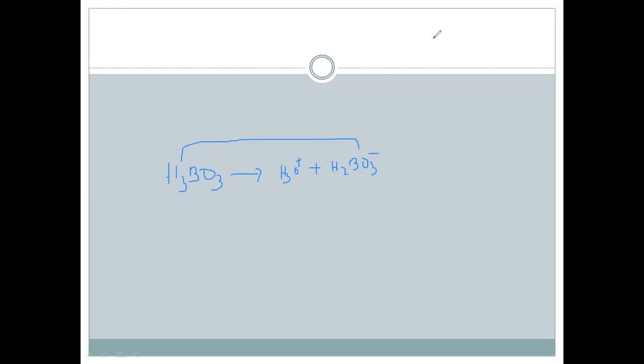Especially for the NEET student, you concentrate. BnHn+4, not for the KCET student. You can leave this. This is nidoboranes.